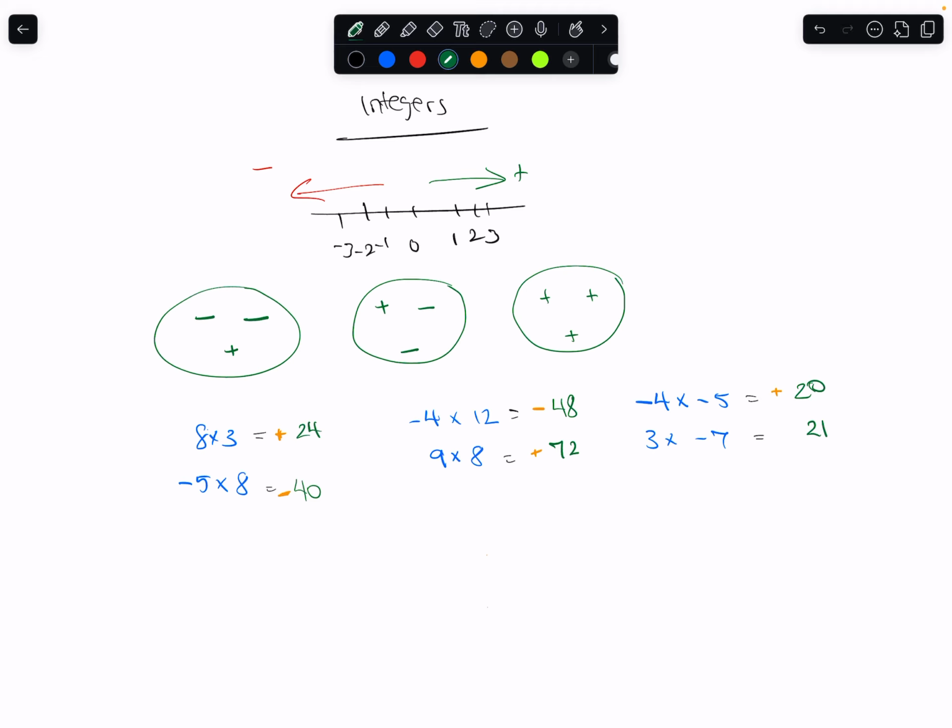Positive, which is in front of the 3 that we don't see, and a negative is negative. If you got all these answers, give yourself a pat on the back. Congratulate yourself because you understand how to do the multiplication portion of it. Very straightforward. Now, we'll get started with the division portion.